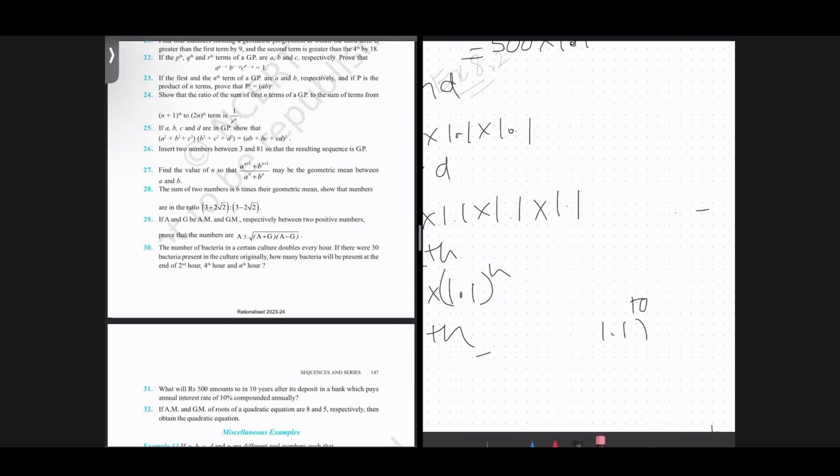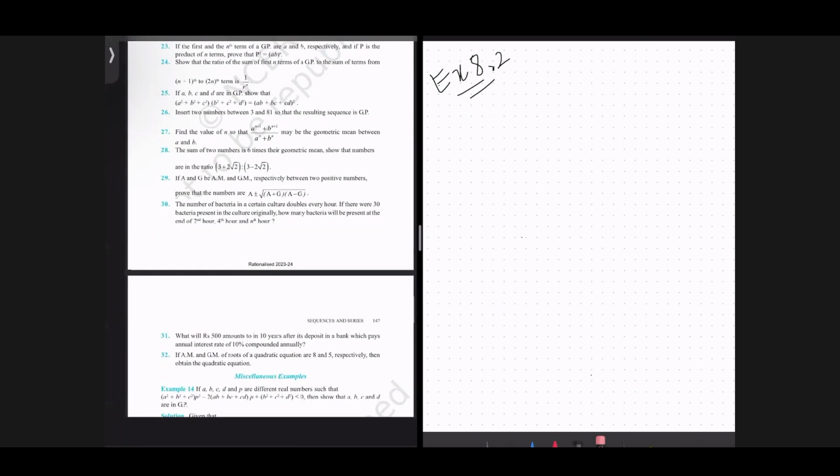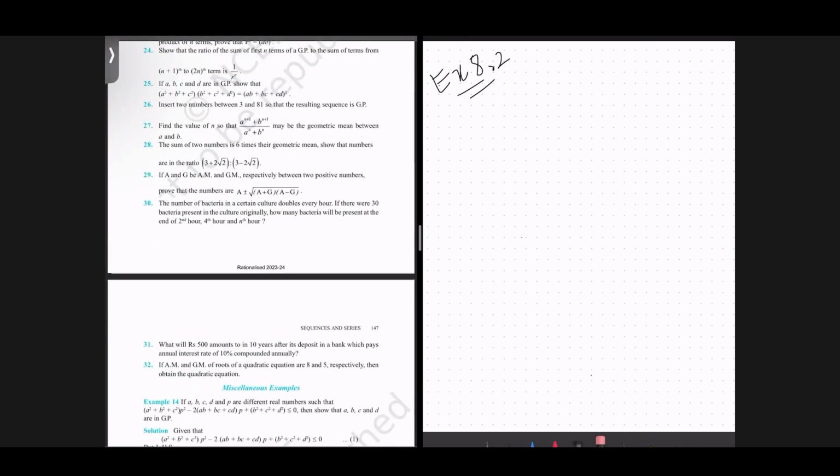Moving on, if the AM and GM of the roots of a quadratic equation are 8 and 5 respectively, then obtain the quadratic equation, right? So question number 32 tells us that the AM and GM of the roots of a quadratic equation are 8 and 5, right? Let's assume the roots to be a and b.